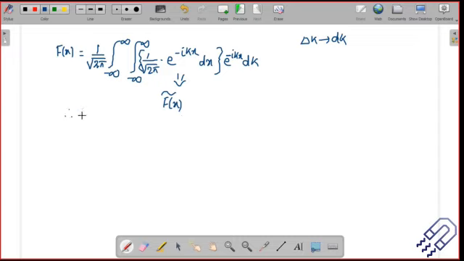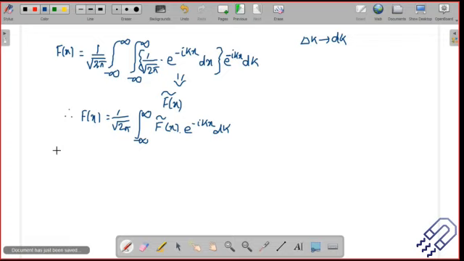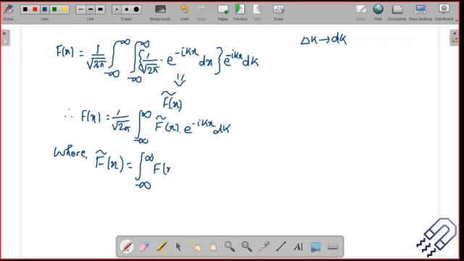So what we do is we can write this form as f(x) is equal to 1 divided by root over 2 pi, integration from minus infinity to plus infinity, and this entire term I will simply write as f tilde. In a lot of books, you'll see this is the notation for the Fourier transform, where f tilde of k is equal to the integration from minus infinity to plus infinity of f(x) e to the power minus i k x dx.